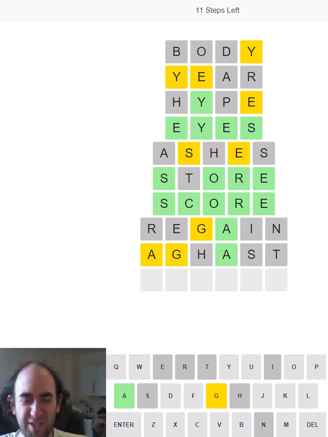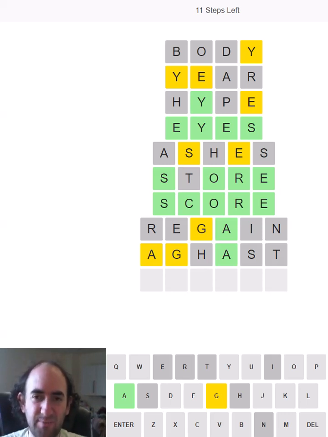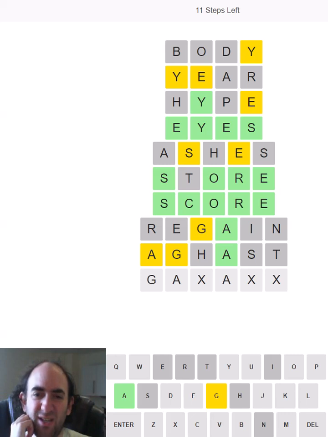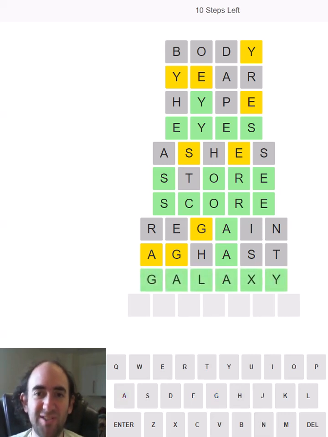But it is a duplicated A. That's interesting. So is it GA blank A? Something like that? All I can think of is garage or garage. That's the problem. Galaxy. That's a very good shout. Very happy to get that with the X and the Y. That could have been really difficult.